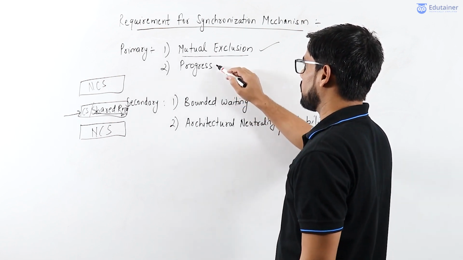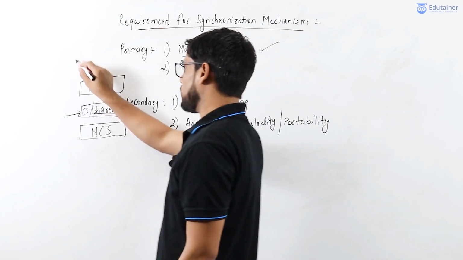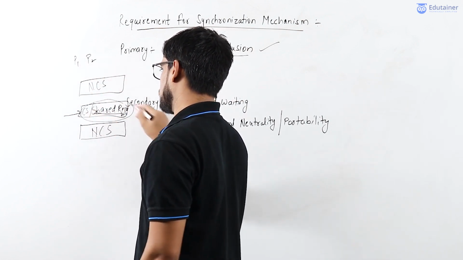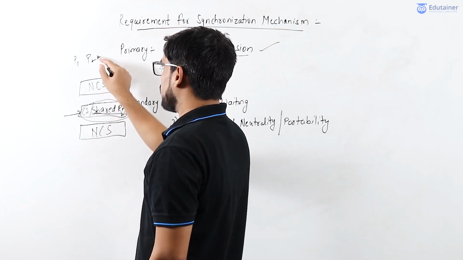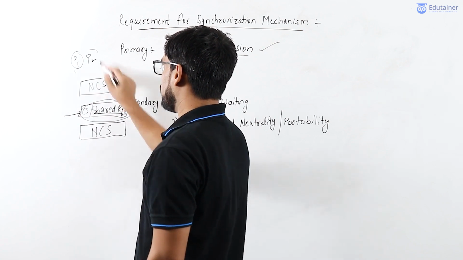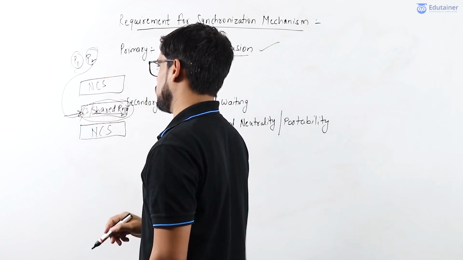The next primary condition is progress. Progress means if, let's say, processes P1 and P2 are running in the computer and they are trying to access the shared resource, this part. If P1 is not interested in accessing the shared resource, then it will not stop the process P2 from accessing the shared resource.